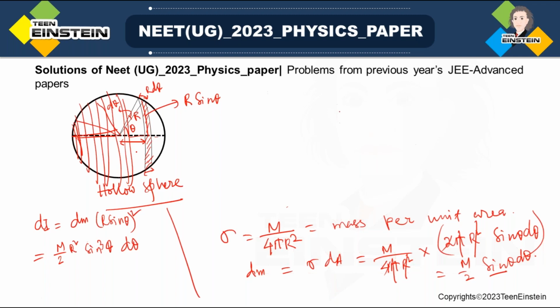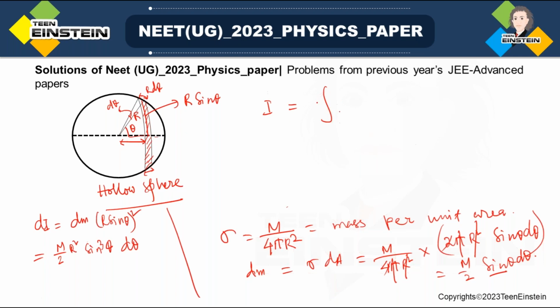So here, if we vary the theta, then the number of rings will be varying. To calculate the moment of inertia of this hollow sphere, we have to sum the moment of inertia of all such elementary rings.